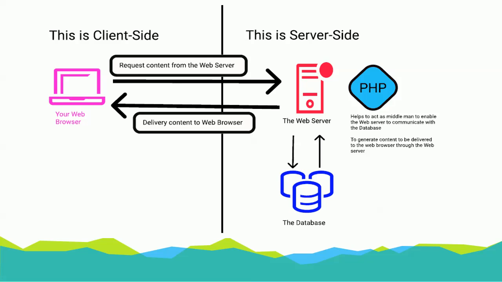Basically, what happens is that when you type in the URL of a web page, your browser is actually sending a request to the web server for a page. And then when the web server looks at your request, it will try to find the content or the page that you would like to look at and send it back to you.